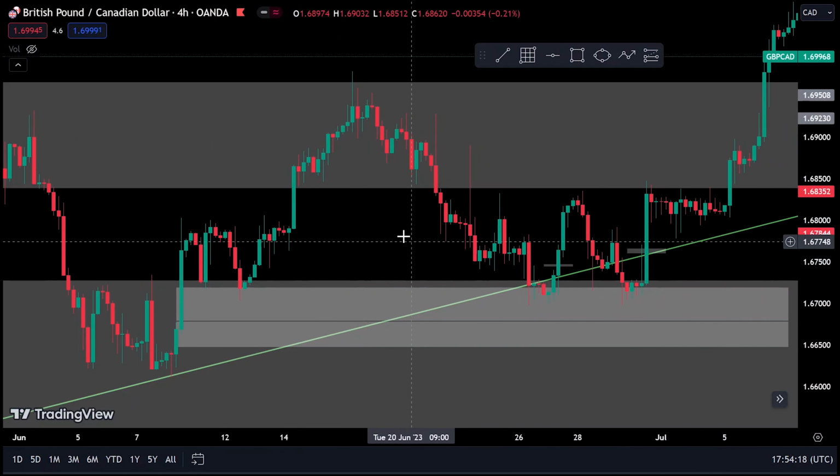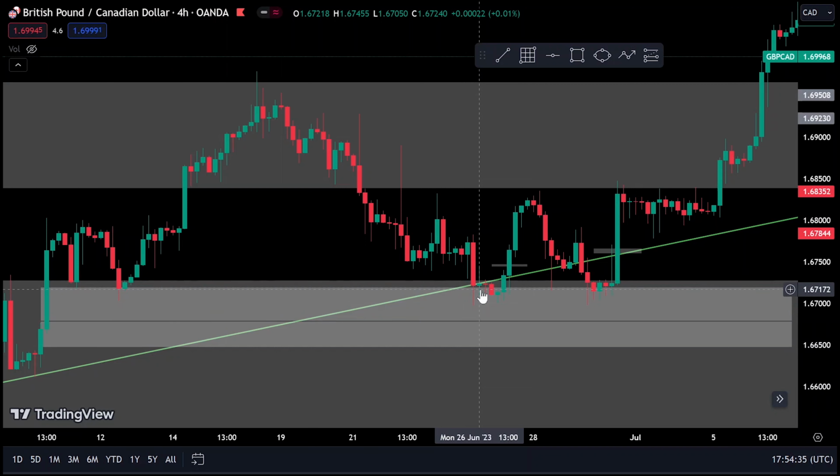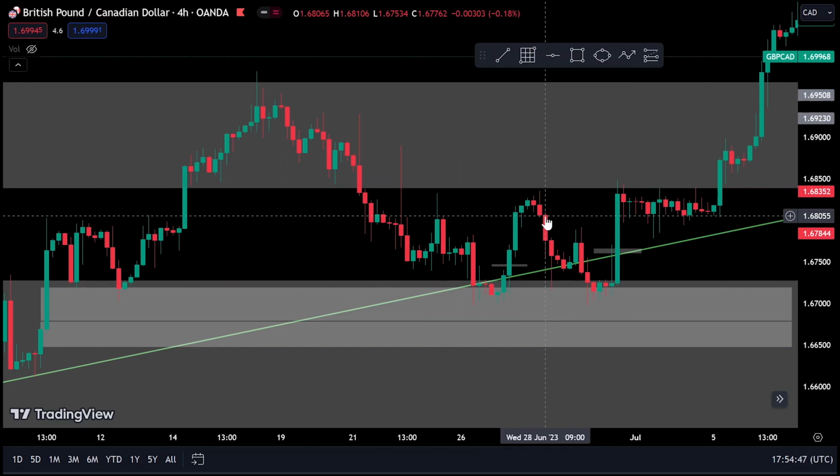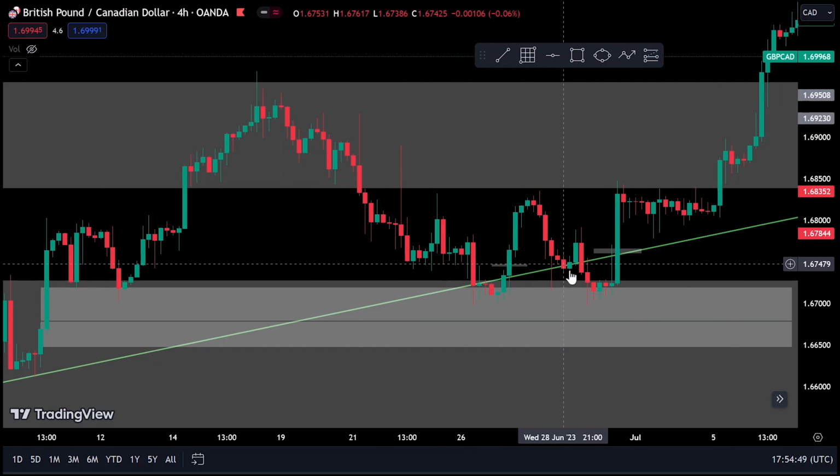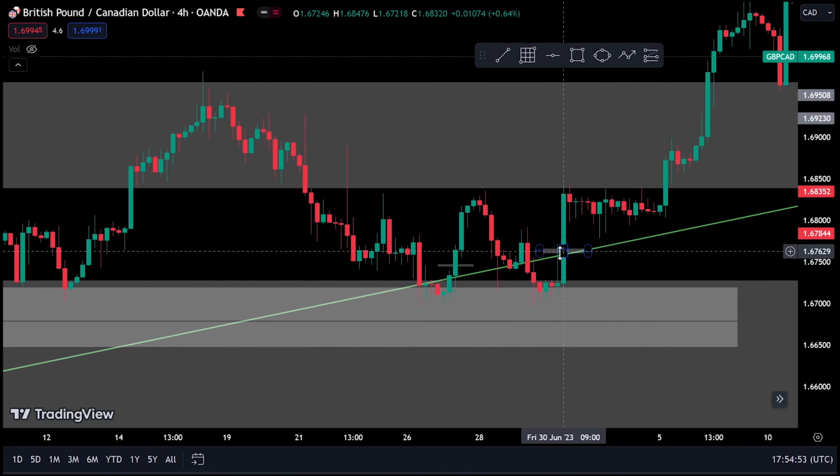Now the price went all the way up and now came down again, and retailers are going to be like, yeah, the bears are in control. Let us sell, because there was a breakout here, which signifies a false breakout. Retailers are going to sell, put their stop losses right here, and then the institutional traders come and take them out of the market. The bears come in again with strong momentum, bearish candles, and break the support again.